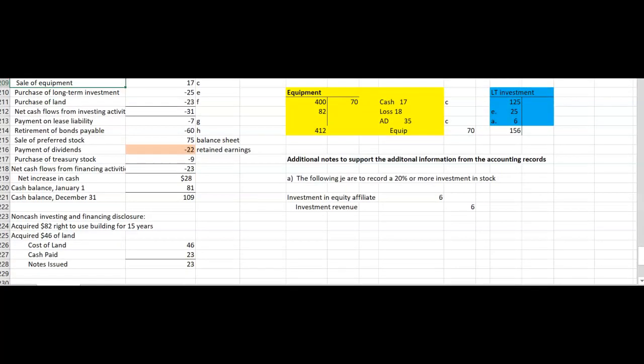And you can see at the bottom of the cash flow statement, for non-cash investing and financing disclosures, it is noted that the company did acquire $46 million of land. However, the cash paid was $23 million, so the notes issued would be $23 million.